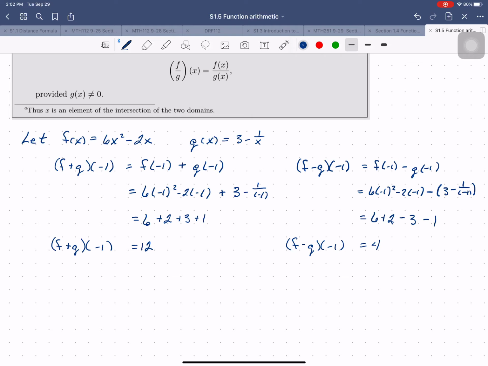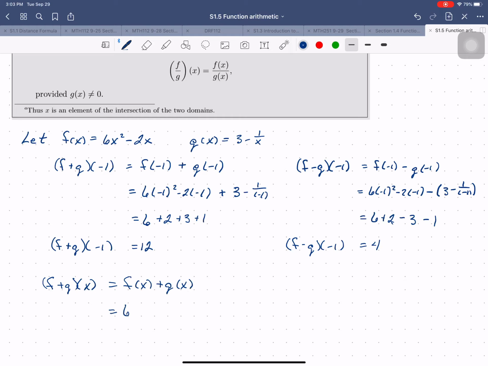All right. Let's talk about what happens when we don't have a specific value. Suppose I wanted to find f plus g just of x, maybe because I was going to need to do this operation over and over again. Well, that is just f of x plus g of x.